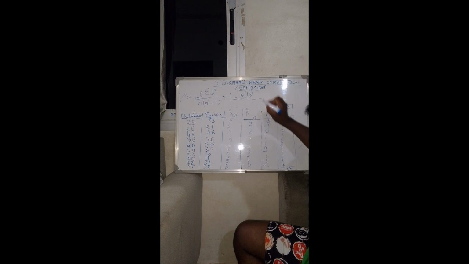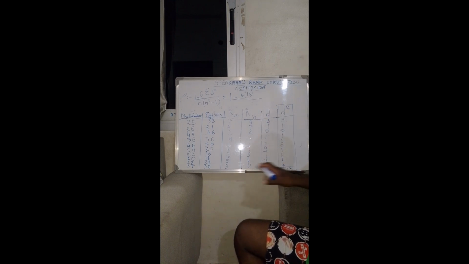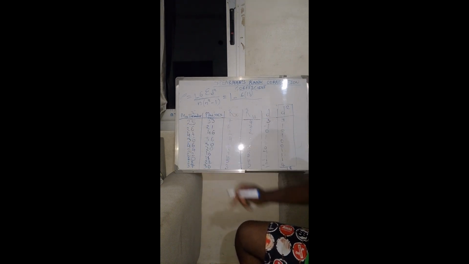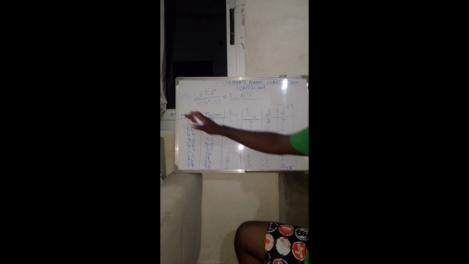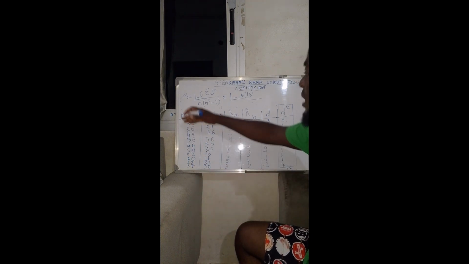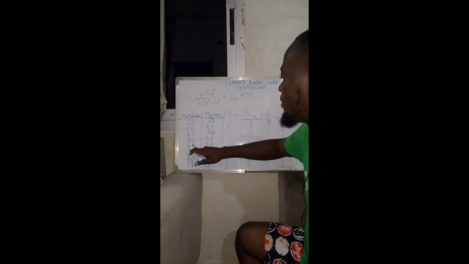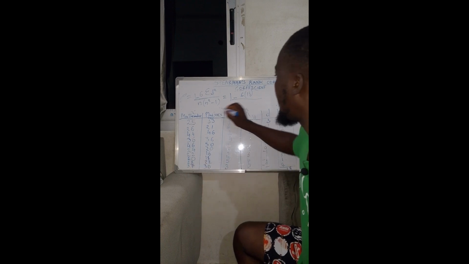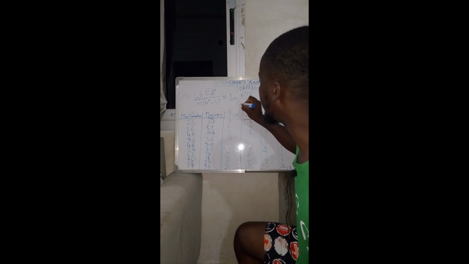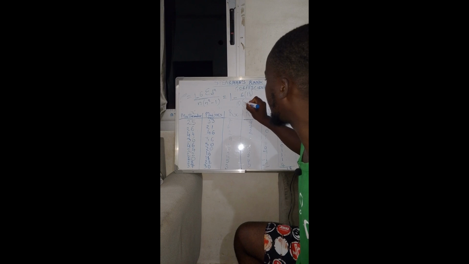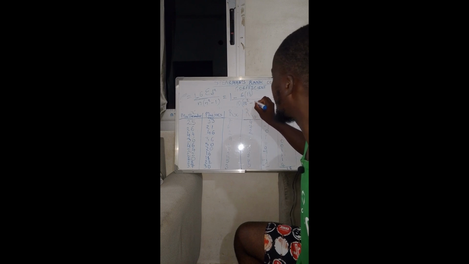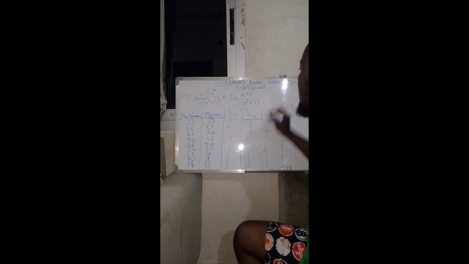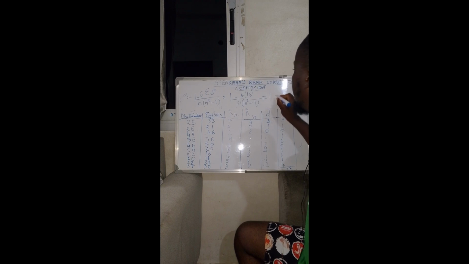Now over, we said our n is what? It is the number of observations, the number of candidates we have. So we have 1, 2, 3, 4, 5, 6, 7, 8, 9, 10. So our n is equal to 10. We open the bracket, 10 square minus 1. We close the bracket. So we have 1 minus 6 multiplied by 18.